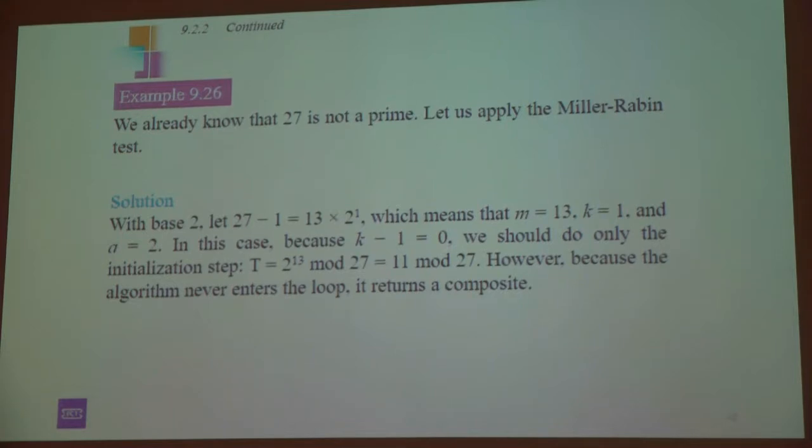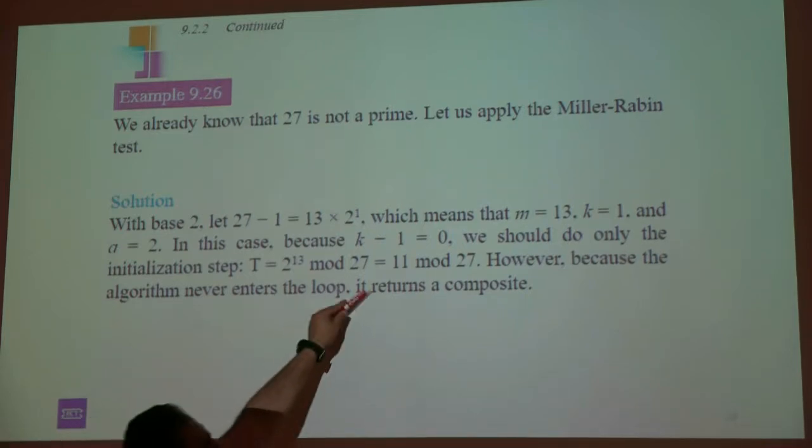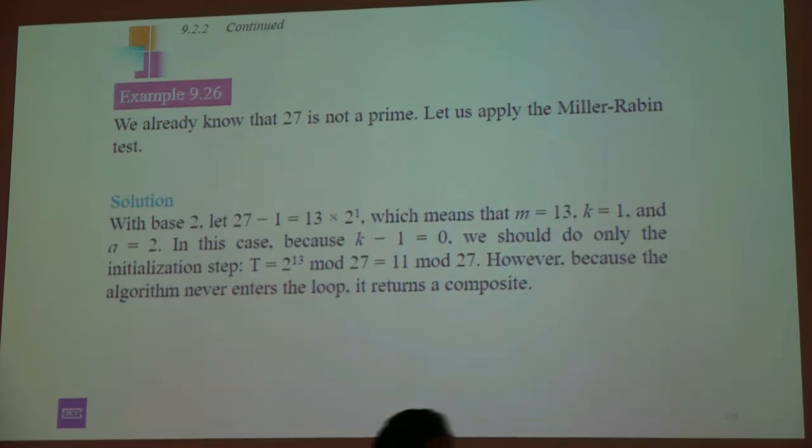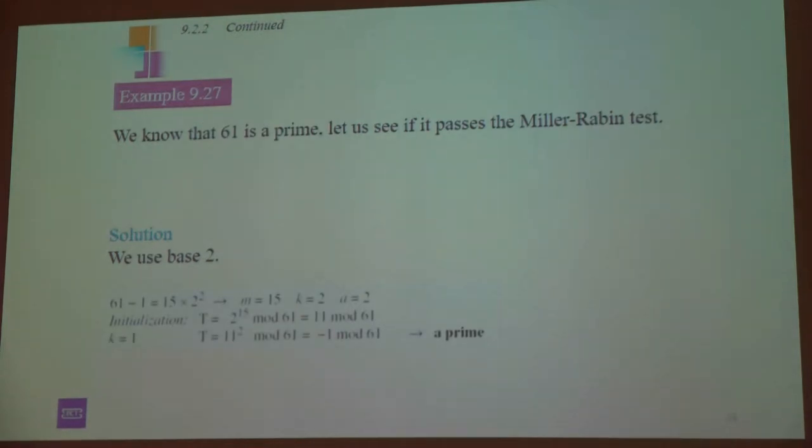In this case, because k minus 1 equals 0, we should only do the initialization step, t equals 2 to the power 13 mod 27. That's it, there's no loop. It did not give you 1, and because the algorithm never entered the loop, it returns composite. Now, 61 is a prime.